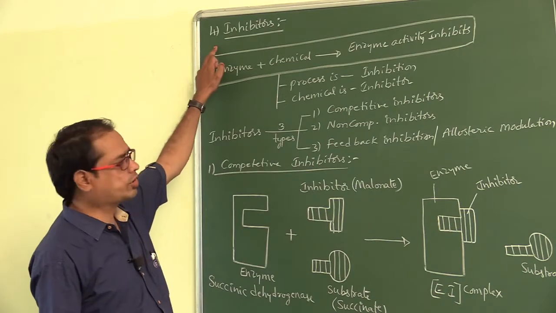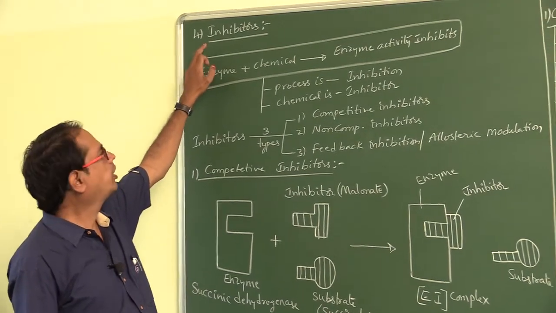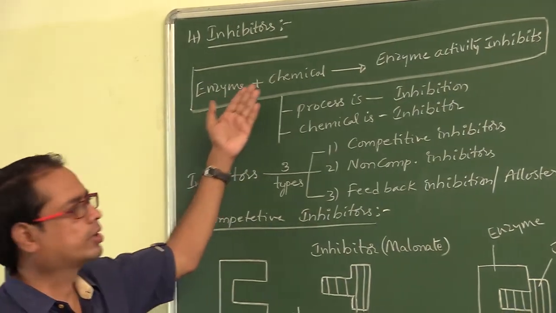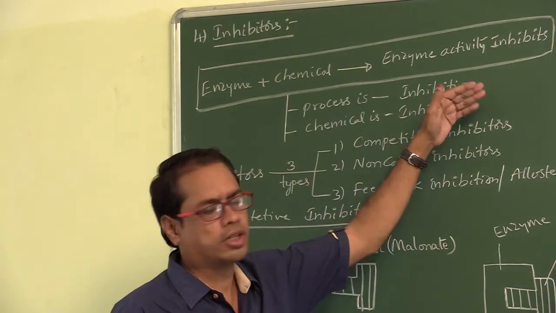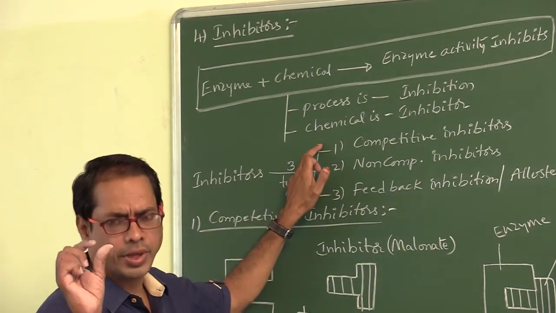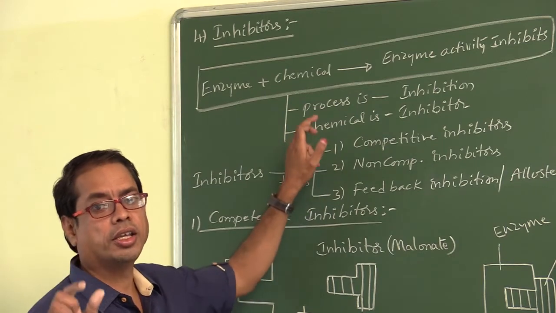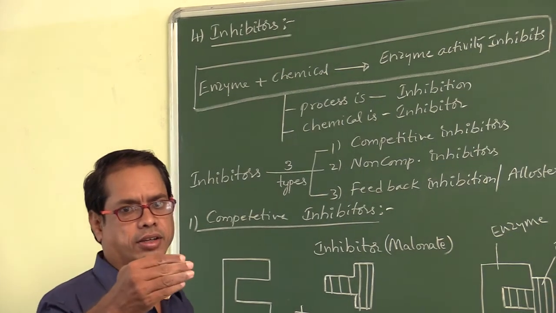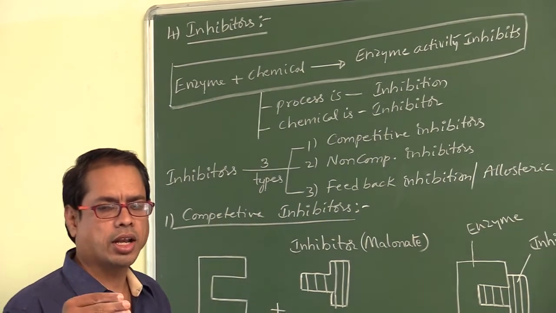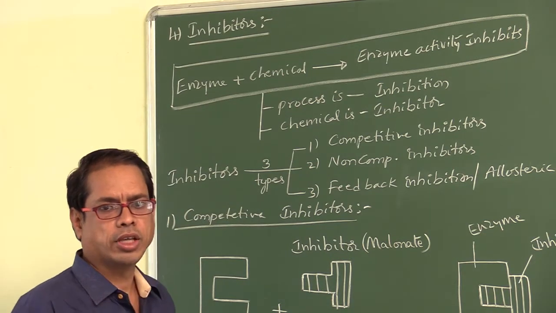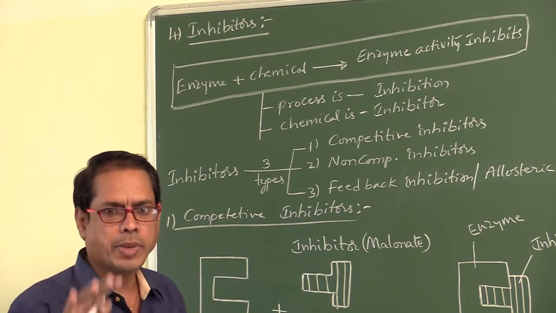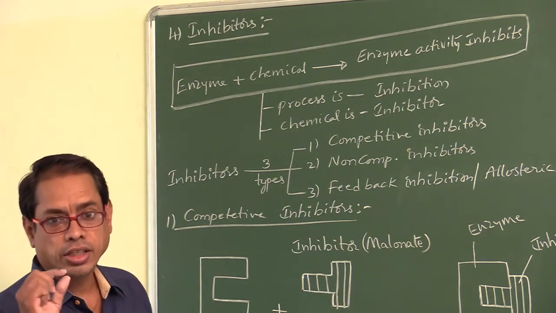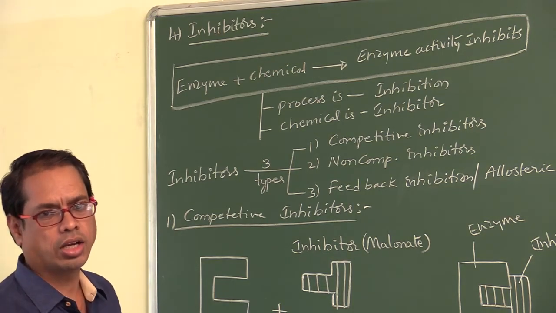Now look here, my dear students, this is the fourth factor, inhibitors. When a chemical is added to an enzyme and enzyme activity is inhibited, that chemical is called an inhibitor and the process is called inhibition. When substrate is added, the reaction proceeds. If a chemical is attached to the enzyme, then enzyme activity declines, stops, ceases; that chemical is called an inhibitor and the process is called inhibition.